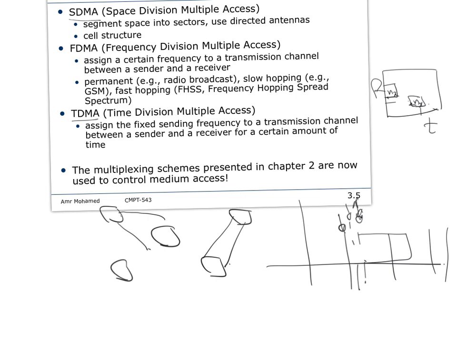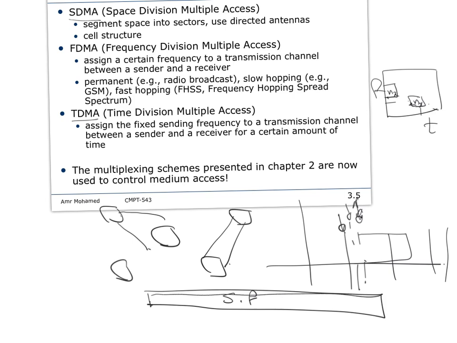Slow hopping means the node may in fact move from using one frequency to using another frequency at different times. So what we do is that we have what we call a super frame, okay? This frame is divided into frequency and time, and this super frame is divided into multiple channels of frequency and time slots.